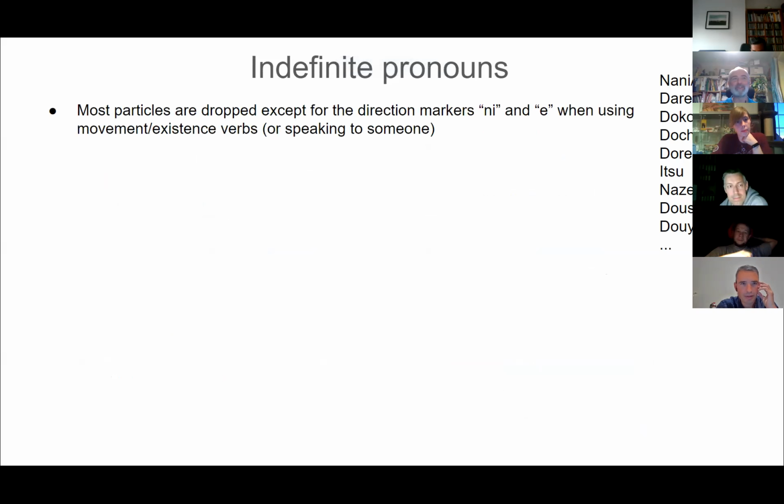Most particles are dropped except for the direction markers ni or e when using movement or existence verbs. So as this had ikimasu in it, ikitai desu, we still keep doko ni mo. But it doesn't become everywhere in that case.